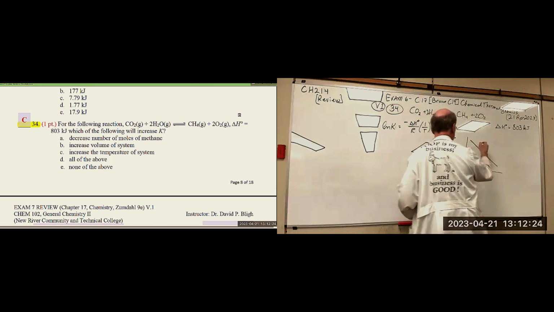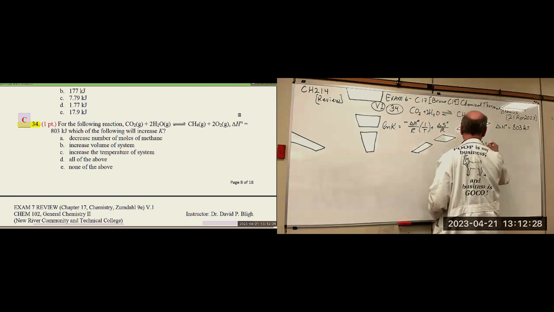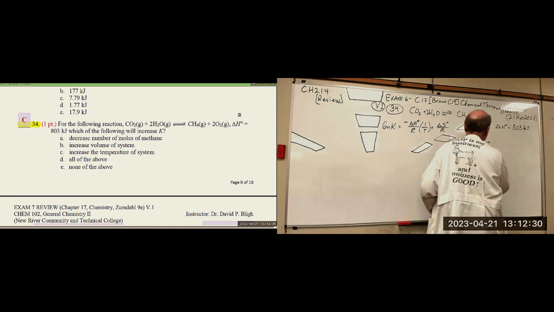And the slope is negative delta H zero over R.